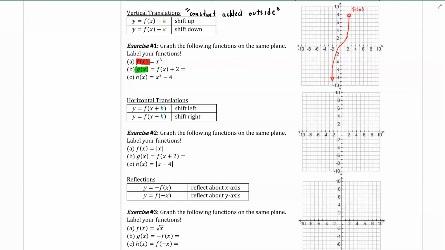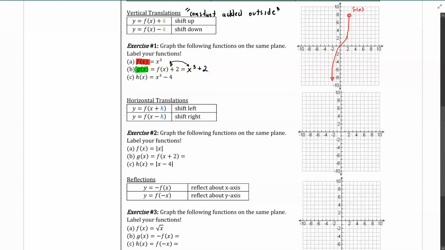Now, we can take this to mean that we can take the graph of f of x and shift it up by 2, or we can take f of x, but we know that f of x is x to the third, so all I'm really doing is I'm replacing f of x with x to the third, and then the plus 2 is just there.